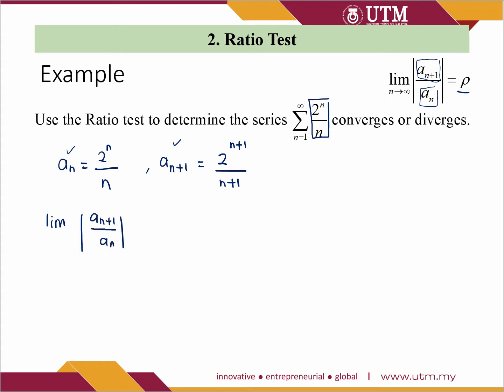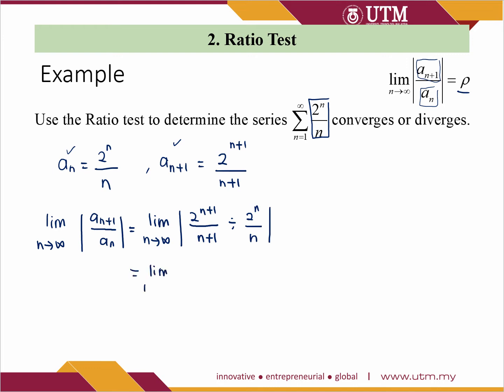So I just rewrite it back, where this would be the limit as n approaches infinity of the absolute value of a_(n+1) divided by a_n, which is 2 to the power of n over n.